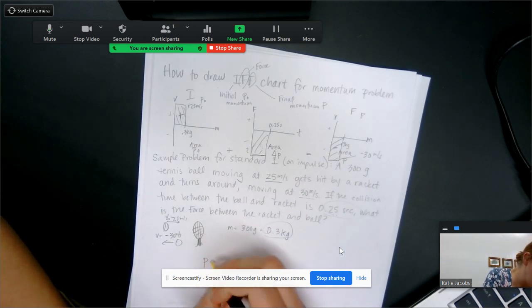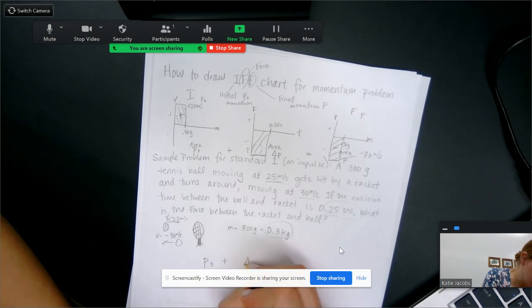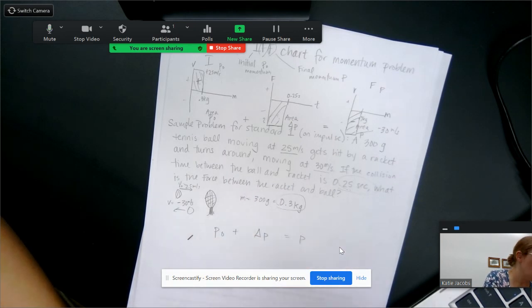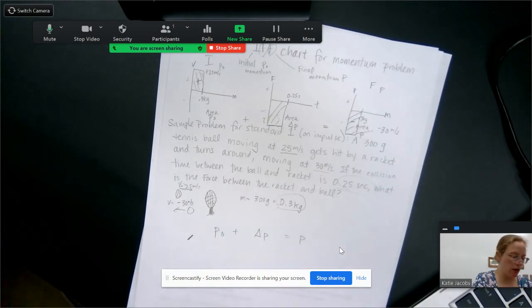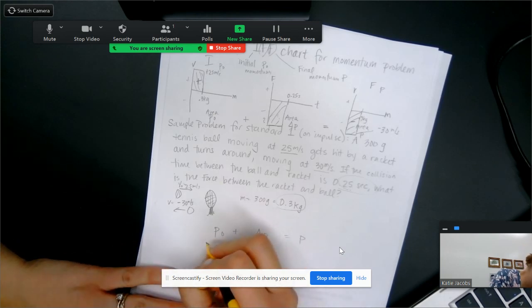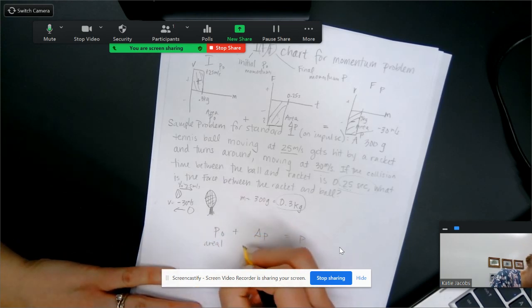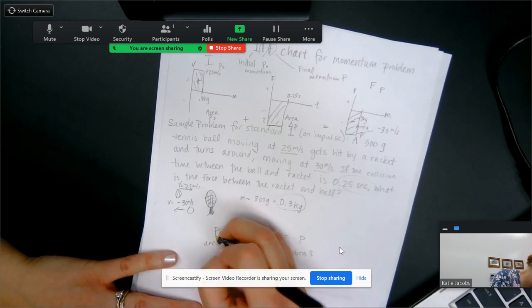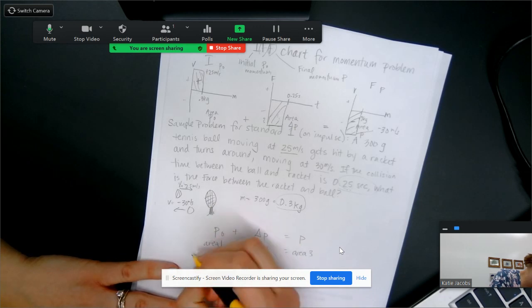So I'm going to write P0 plus delta P equals P final. Again, this is area 1. Area 1 plus area 2 has to equal area 3. So we're going to do mass times velocity for this one. That's momentum: 0.3 kilograms times positive 25 meters per second.